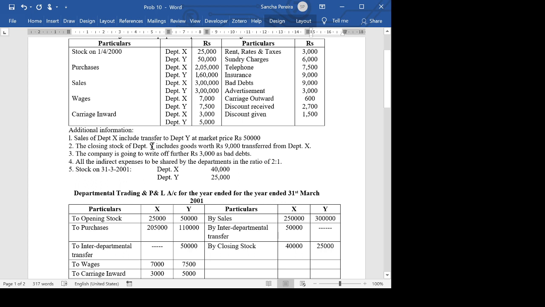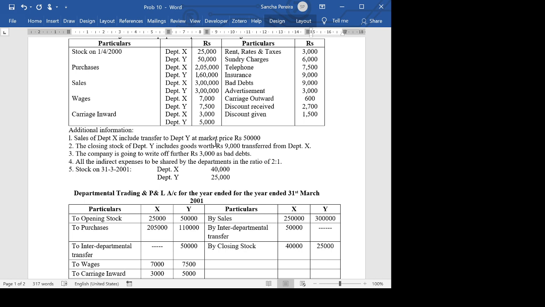And then they've told us the closing stock of department Y includes goods worth rupees 9,000 transferred from department X. That means this 25,000 includes 9,000 which has come from X, so it is at market price. And what is the meaning of market price? It's cost plus profit. We need to eliminate that element of profit.